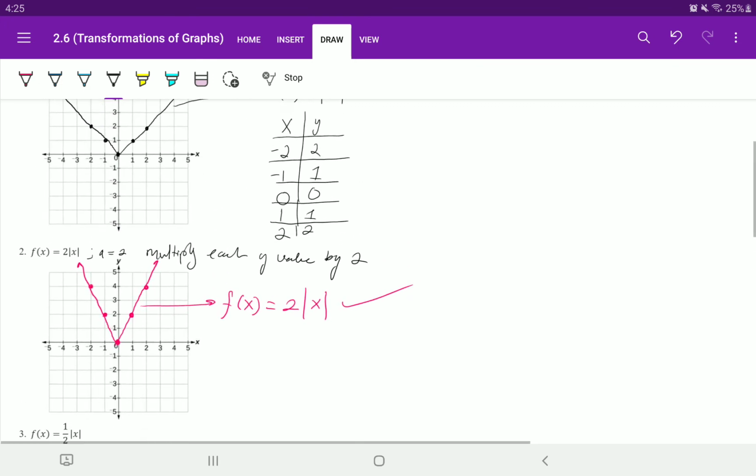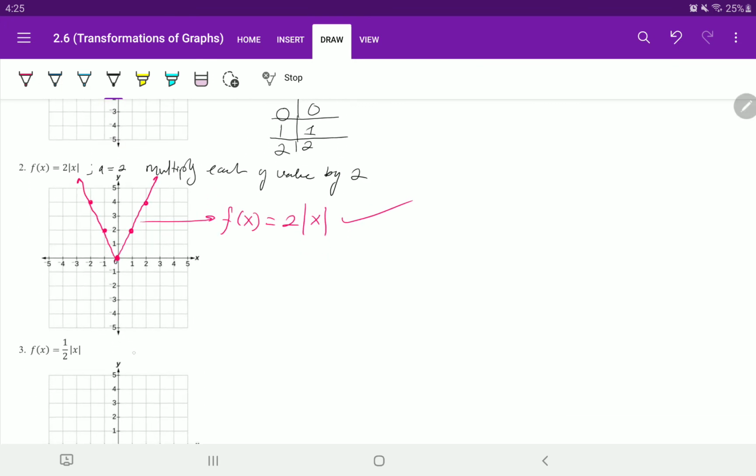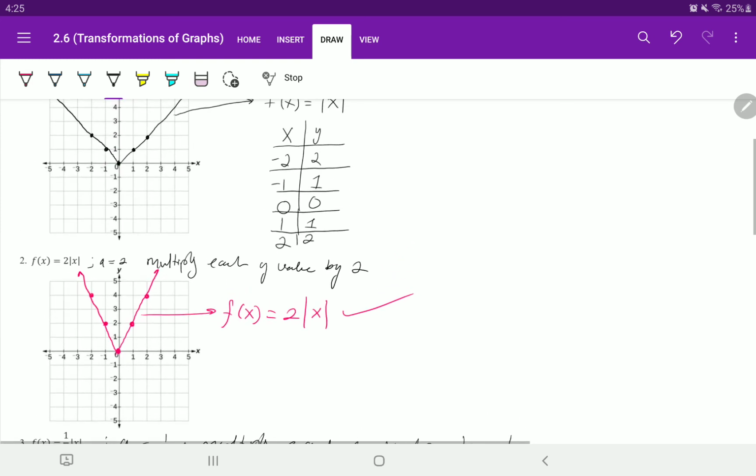So here, in this case, a is 1/2. So we're going to multiply each y value by 1/2. I'm going to do that up here. So x is -2.